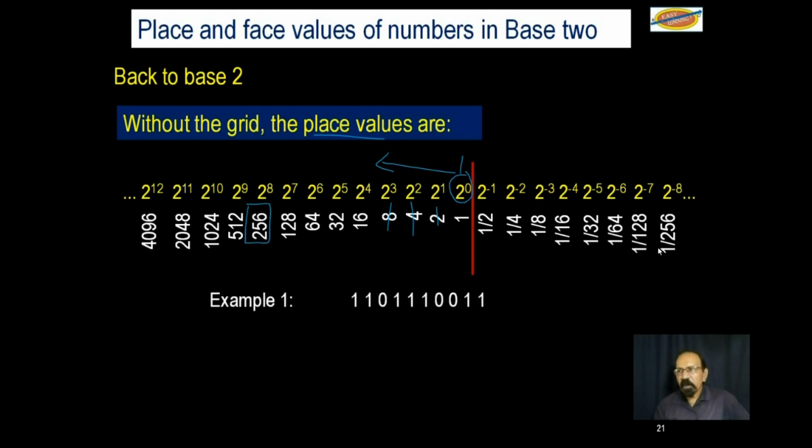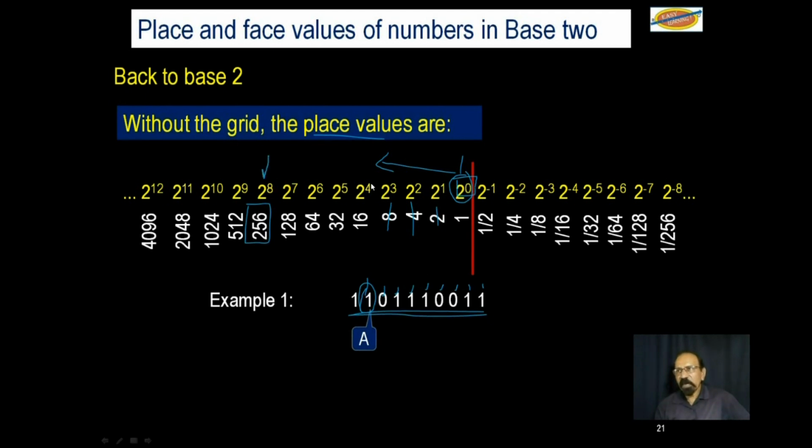So let's consider this example. You have a binary number here, and we will consider this digit. Where in the scale up here is it placed? Well, if we count 1, 2, 3, 4, 5, 6, 7, 8, 9, that means, remember you have a 0 here, it's 2 to the 8.